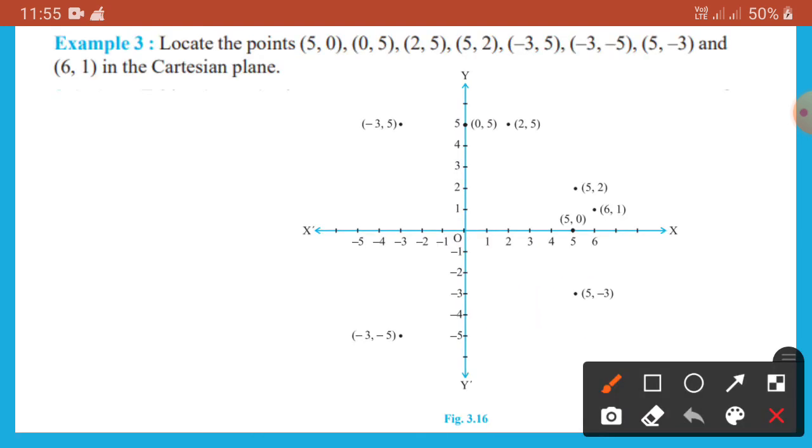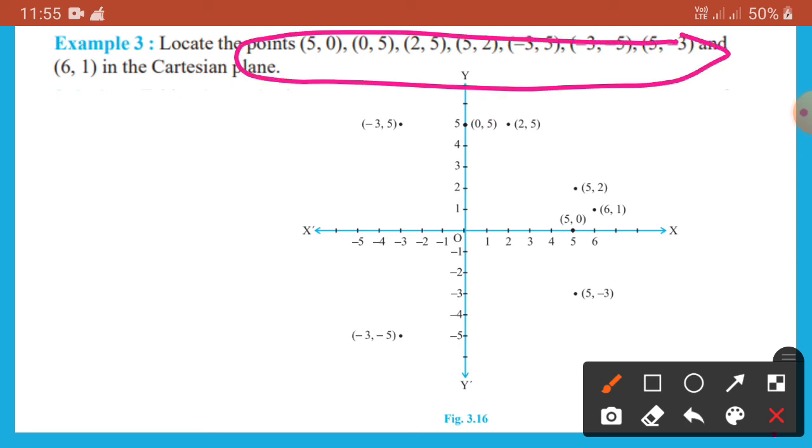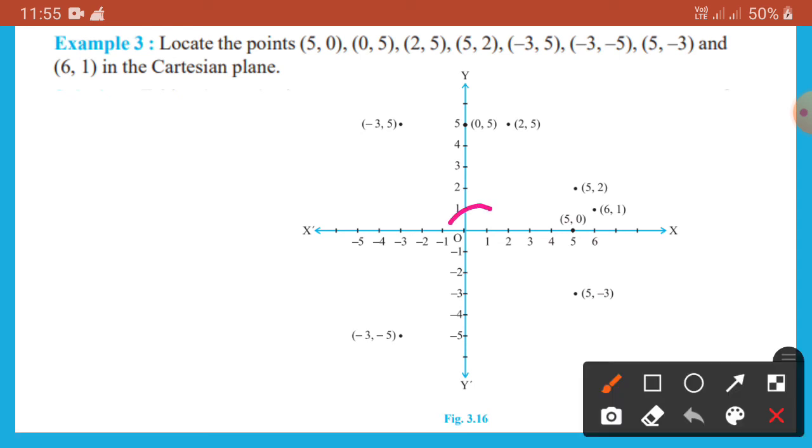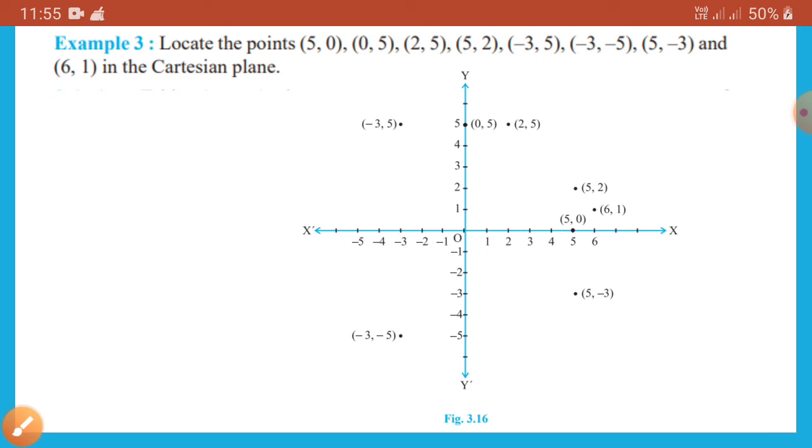Now the second question is, locate all these points in the Cartesian plane. So taking 1 centimeter equal to 1 unit, the distances are the same, 1 unit in the positive x-axis direction and positive y-axis direction also.